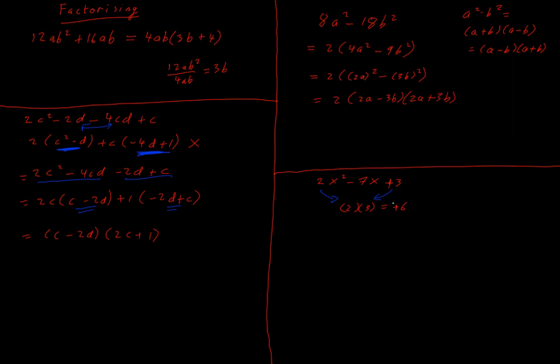Now what I'm going to do is look for the factor pairs, numbers that multiply together to give plus 6. So I could have 1 by 6, or I could have 2 by 3, or I could have minus 1 by minus 6, or minus 2 by minus 3.